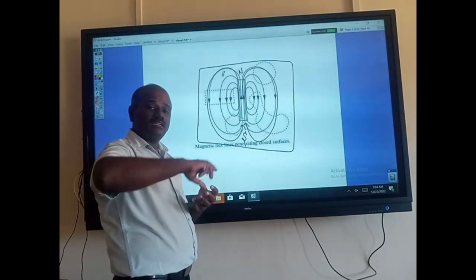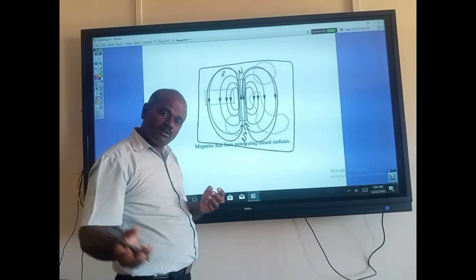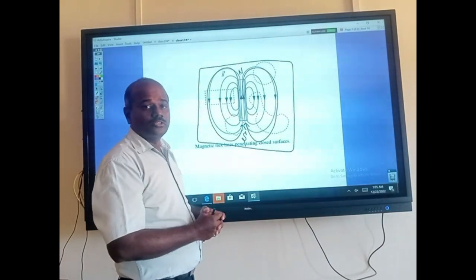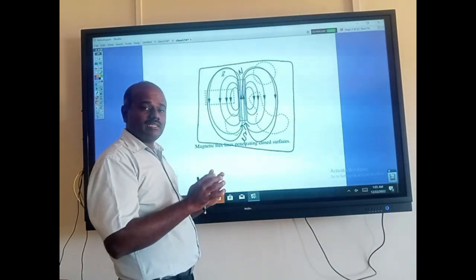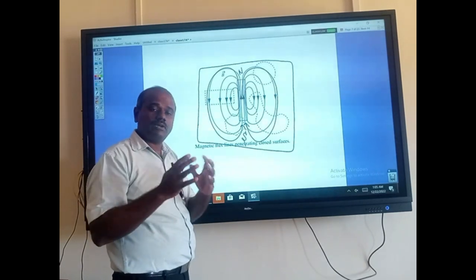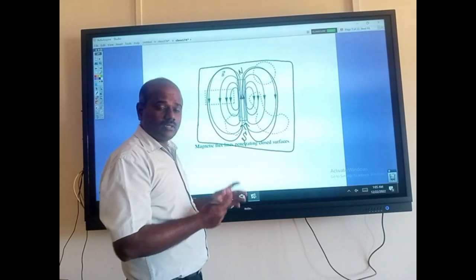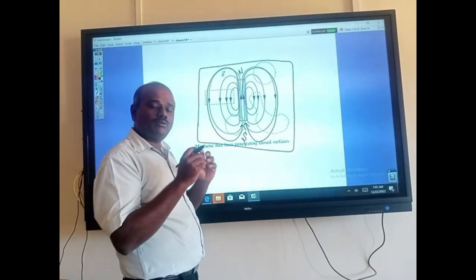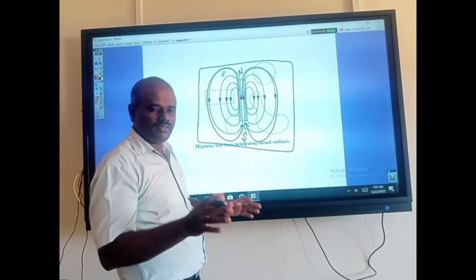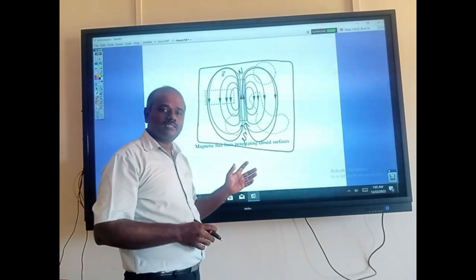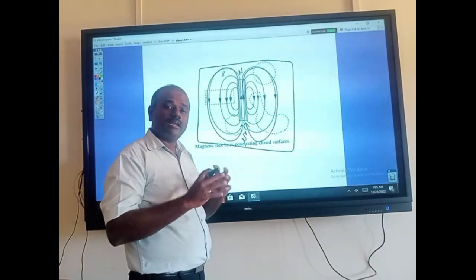So the number of flux lines leaving the surface is equal to the number entering it. The net flux coming out of the surface is equal to 0. That is the nature of magnetic flux lines. Simply, magnetic flux lines curl in nature; they cannot diverge.